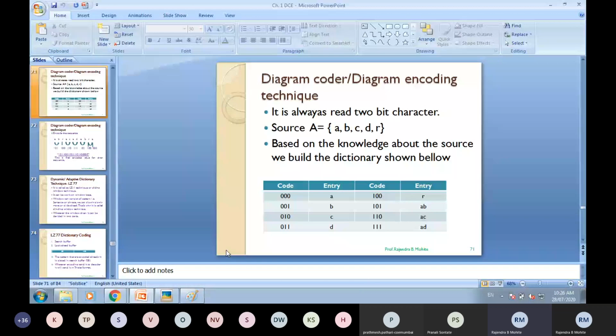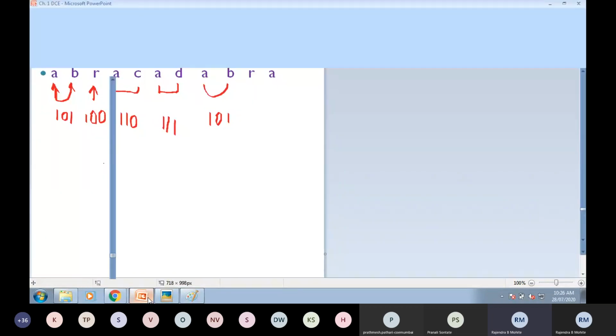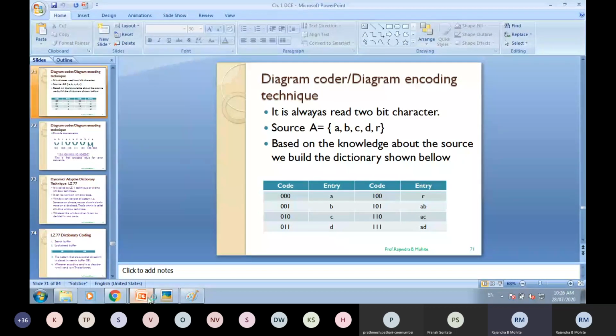So AD is represented here as 111. AB is 101. But in the given dictionary, R is already present, A is already present, and for RA, is there any entry in the given dictionary? No, because R is individually present. For RA, there is no entry.